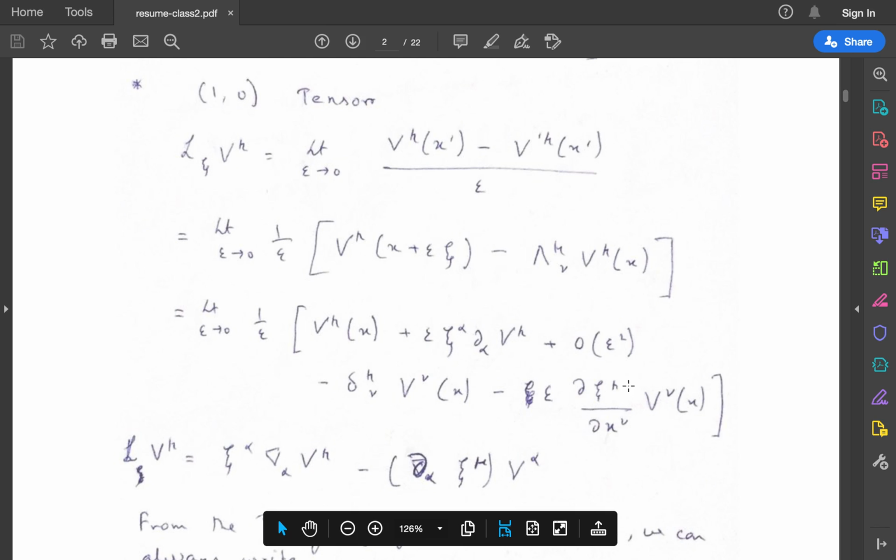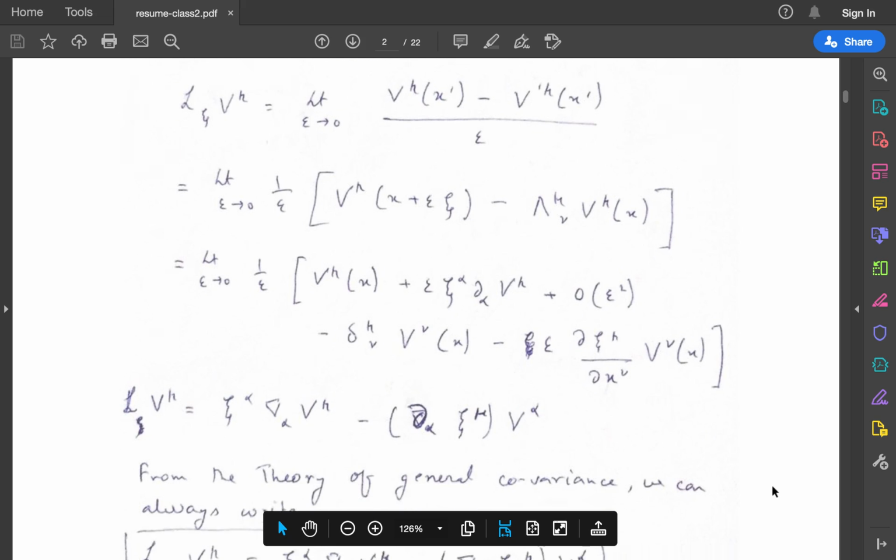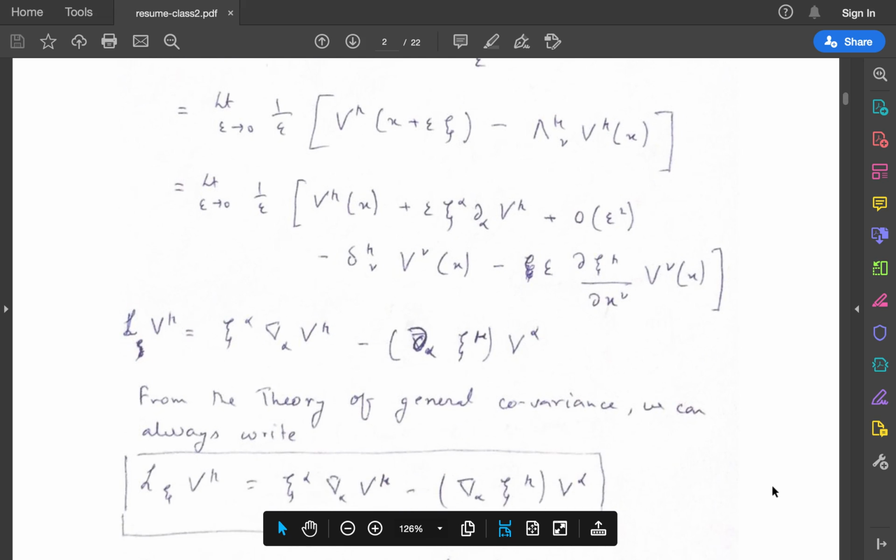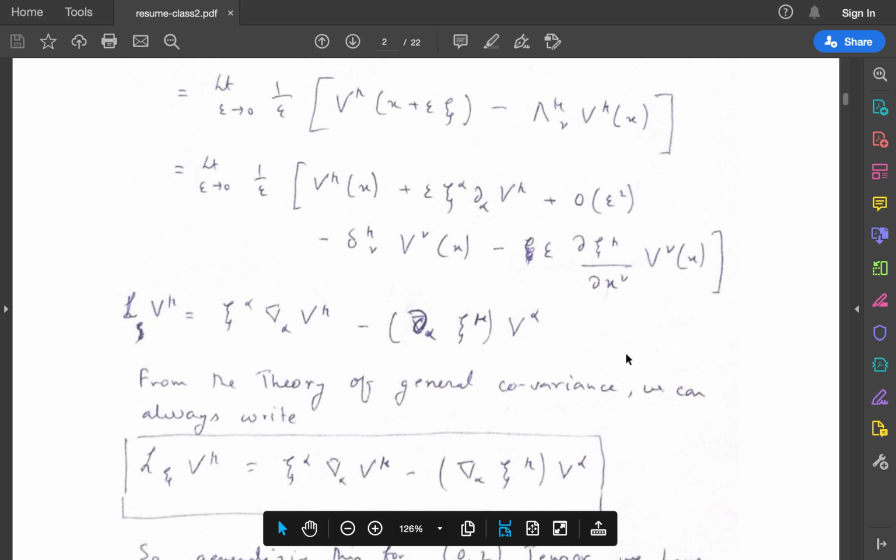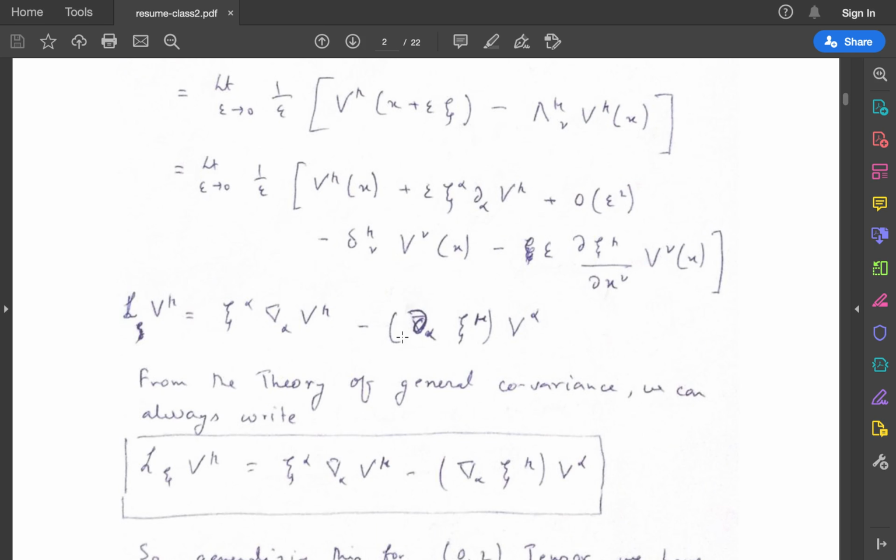Once this is done, what we have is for a general partial derivative.